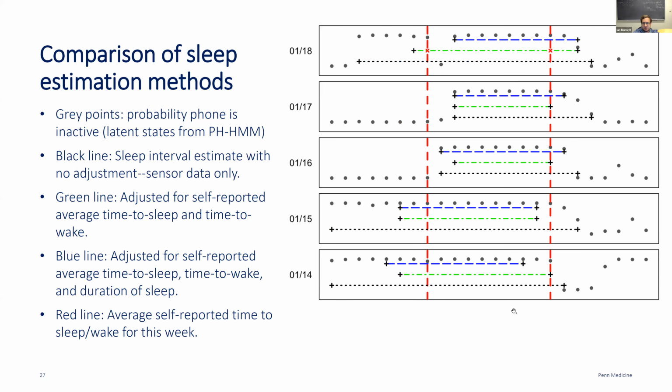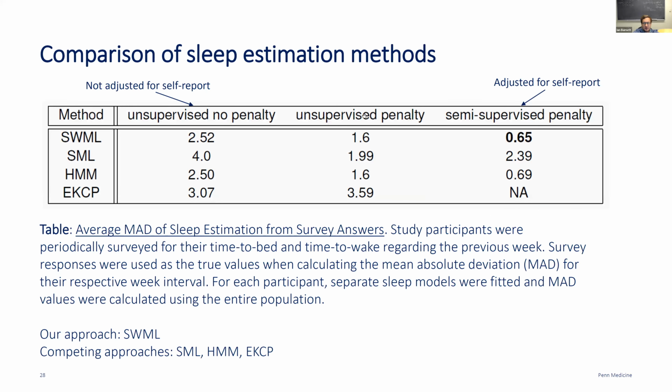This is painting the same story. I'll skip that slide. In our validation data, this is the amount of bias, the overestimation of sleep duration in hours, that you get with 4 competing methods.